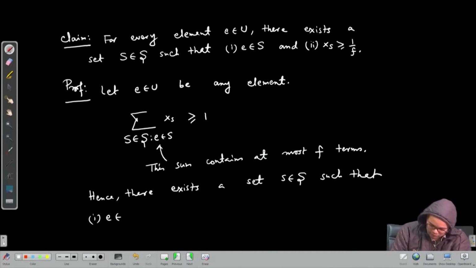This element E belongs to S, and 2. X_S is greater than or equal to 1 by F.